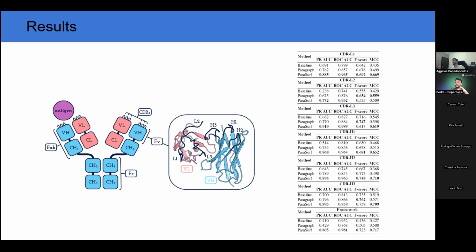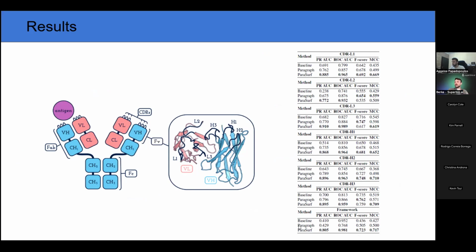Some more detailed results are that we also achieve state-of-the-art results on the most variable regions. As I said before, it's the CDR3 loops for both the heavy and the light chain. You can see the results L3, H3. And of course, as I told you before, we were able to generalize across the entire Fab region, not only the CDR loops or the Fv domain.